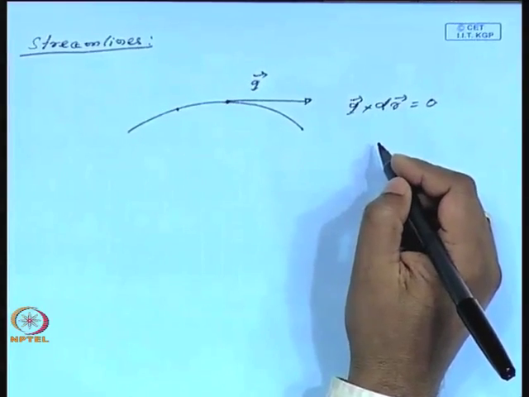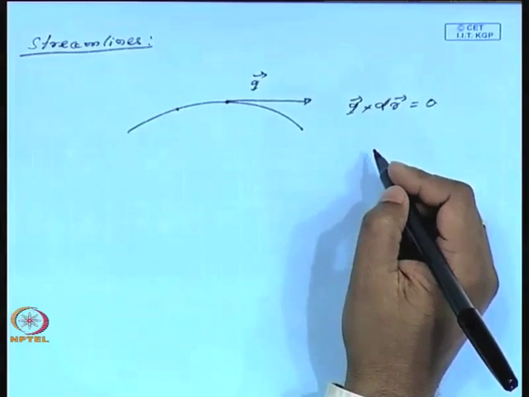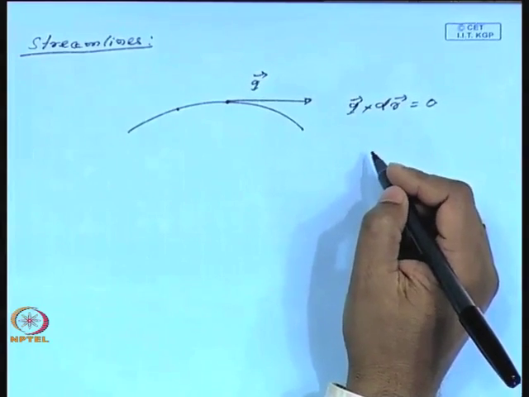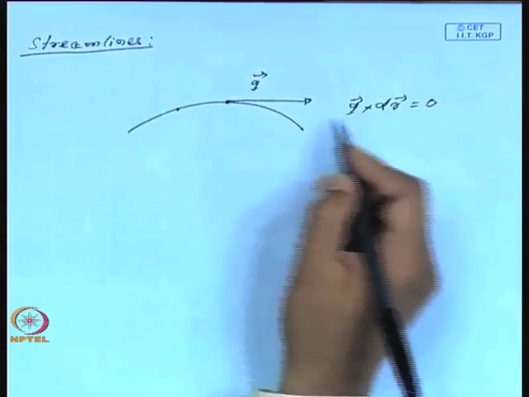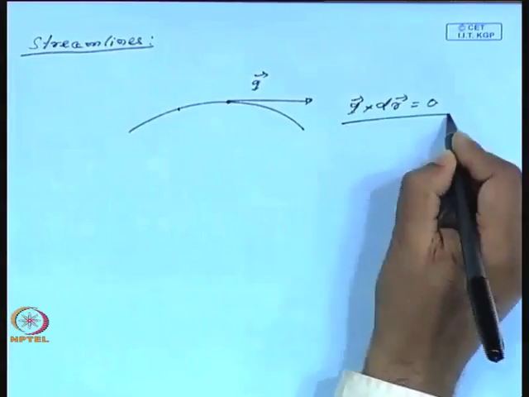As a result there is no flow across a streamline. No fluid will pass through the streamline; it always gives the direction of the flow.